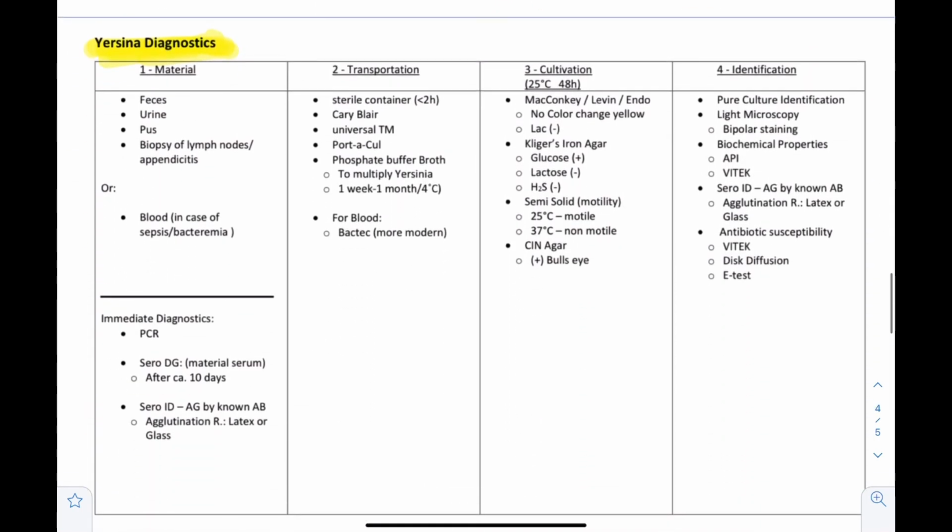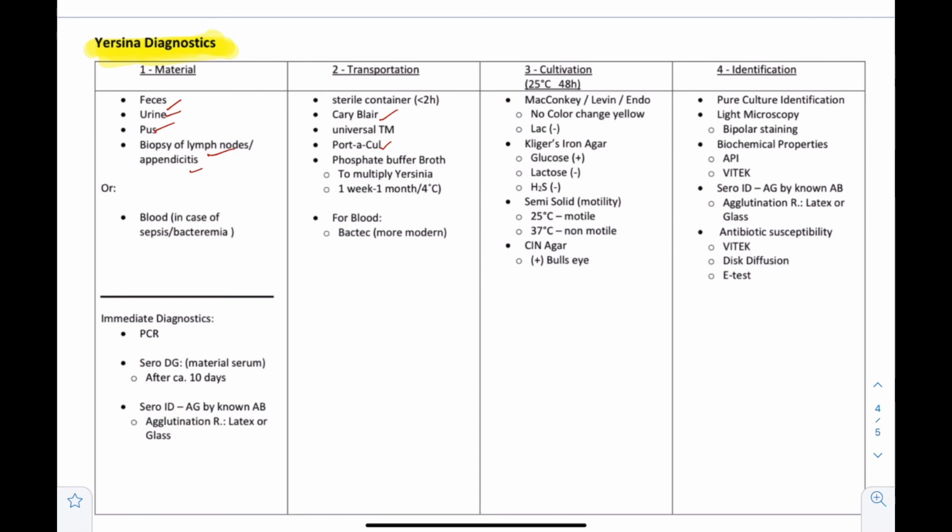And here is Yersinia. For Yersinia, we need to take feces, urine, pus, and also biopsy from the lymph nodes. And then we can carry it in a sterile container, and also a plastic bottle, in which we can keep the bacteria.